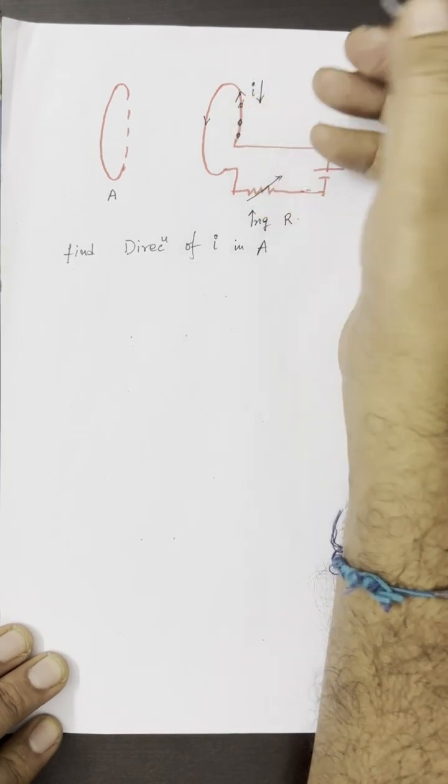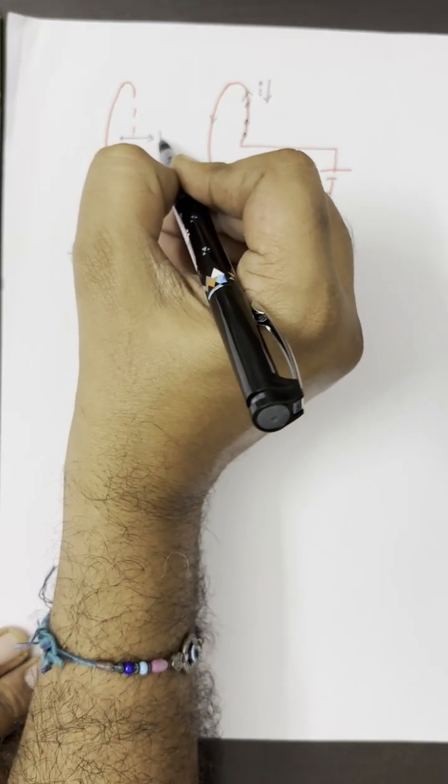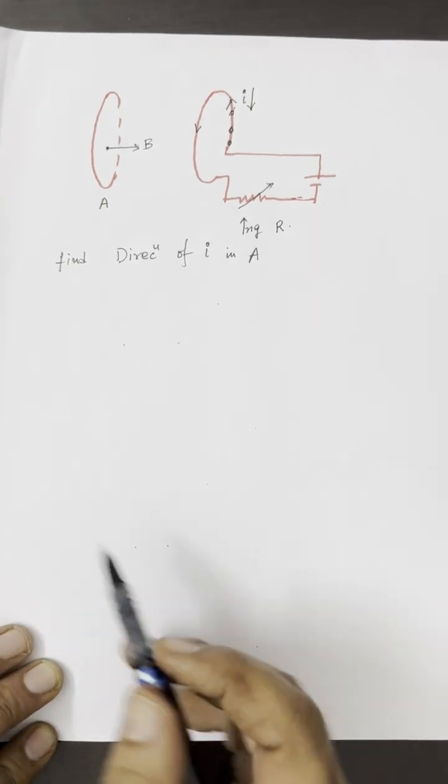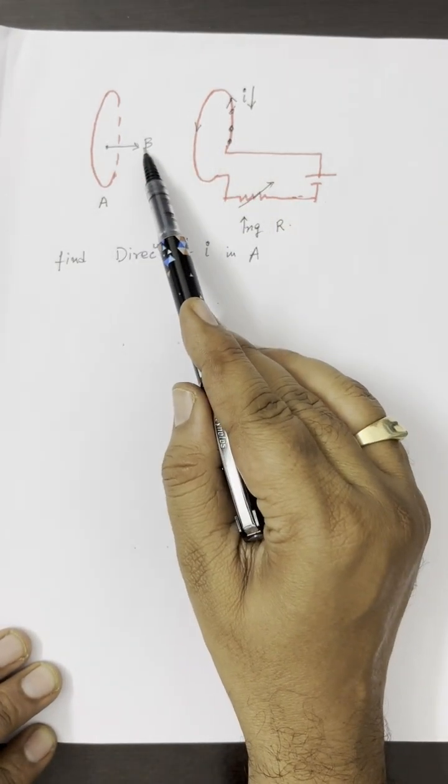Because of this current, the magnetic field is in this direction, and because of the decreasing current, this magnetic field will be decreasing.